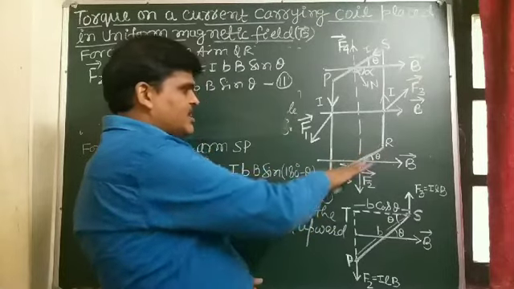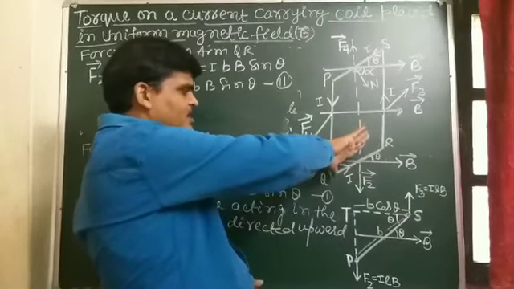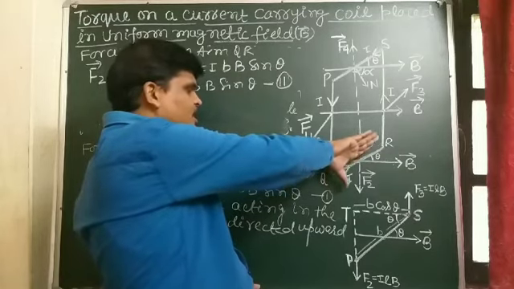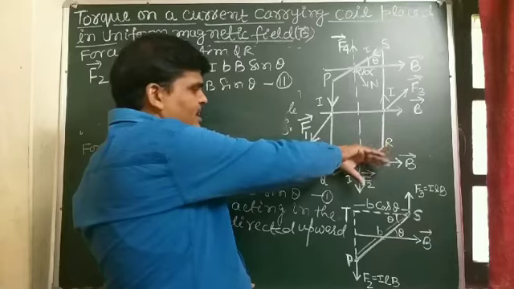Here current element, that is what? QR, first vector in the direction of stretching finger, in the direction of QR, and rotate in the direction of magnetic field.